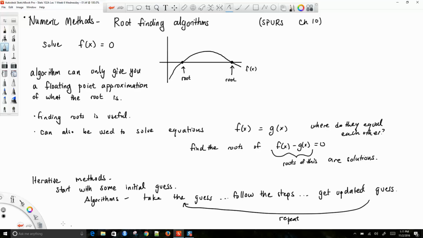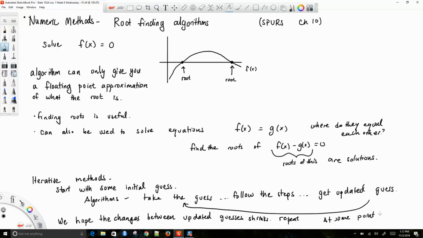So we hope the changes between updated guesses shrink, and then at a certain point we just say, it's not going to get any better than this, okay? And then we'll say it's converged, okay? At some point we stop.